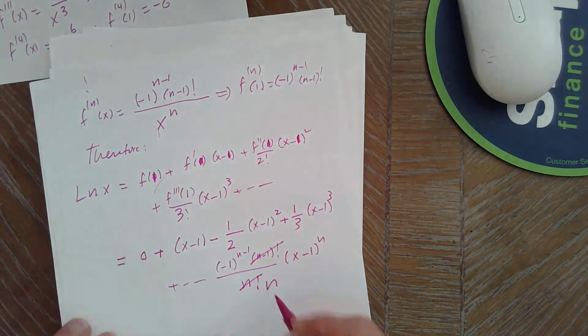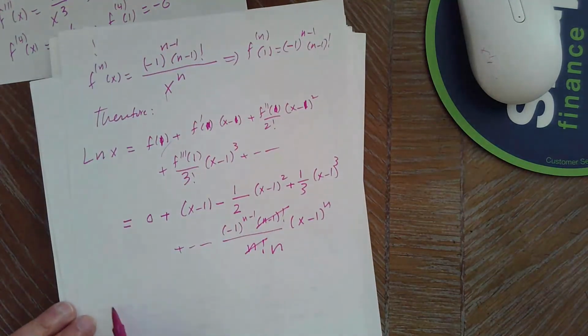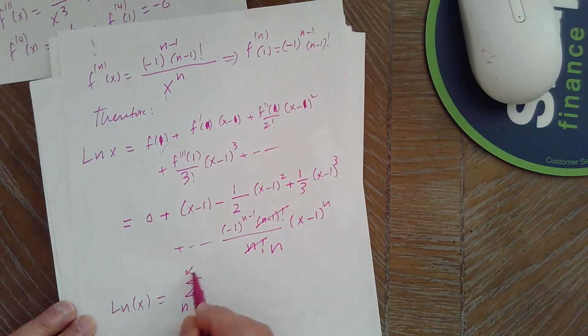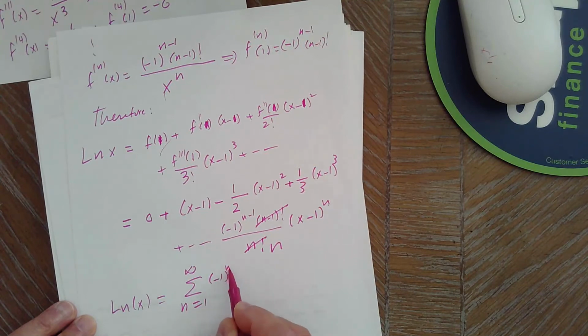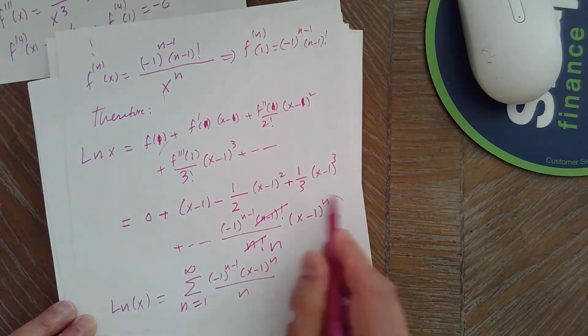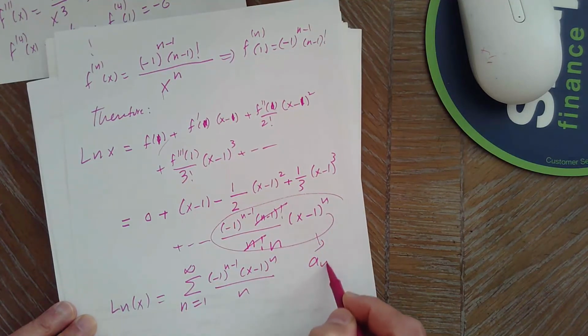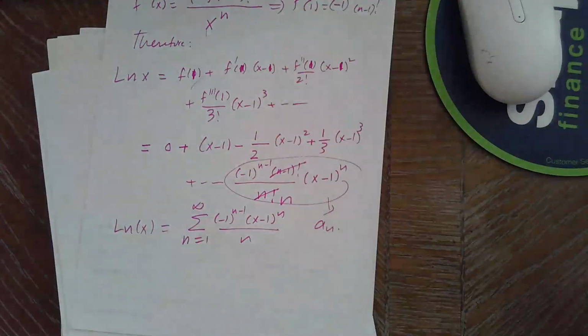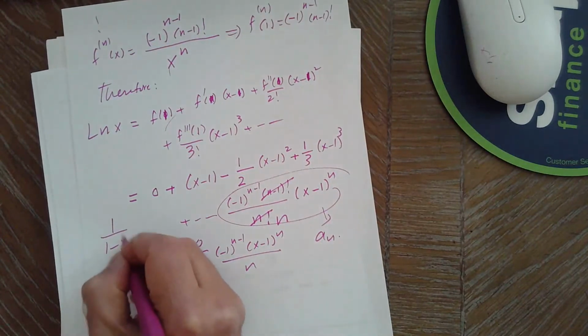That cancels out an n in there. So ln of x is the sum from n equals 1 to infinity of negative 1 to the n minus 1 times (x minus 1) to the n over n. Right there, that's your answer. So nice. Now we can write a lot of functions as power series. They don't have to look like 1 over 1 minus x.